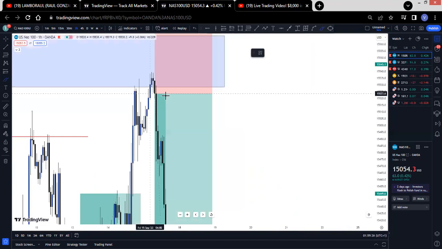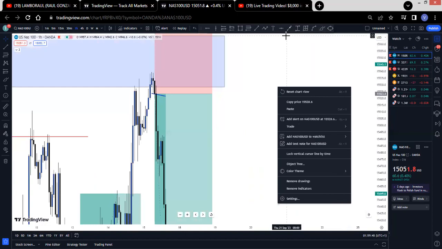It closed below this previous candlestick. That's what we want to see. And mind you, we should not see a weak rejection to the upside. A candlestick that closed below the previous candlestick, a bearish engulfing, that's what I want to find at a level of resistance if you are looking to go short.